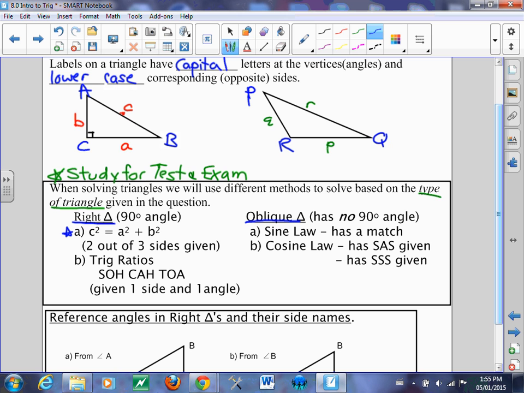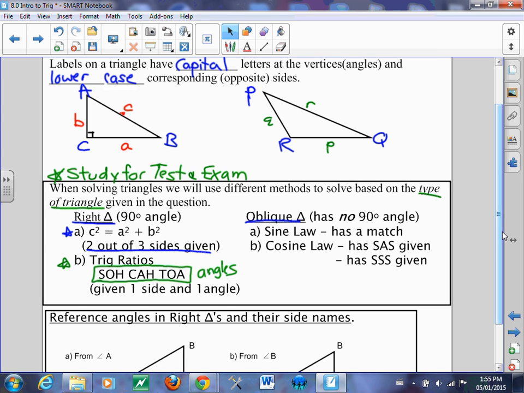And how do you use that when you've got 2 out of the 3 sides? That was our warm-up for this morning. Or what we're going to do over the next couple lessons is called trig ratios. And this is what we call SOHCAHTOA. And I'm going to explain SOHCAHTOA later on, as well as we'll start that with 8.1. Okay? And you use SOHCAHTOA when you've got angles, because Pythagorean theorem only works with side lengths. But this is where you deal with angles within a right triangle.